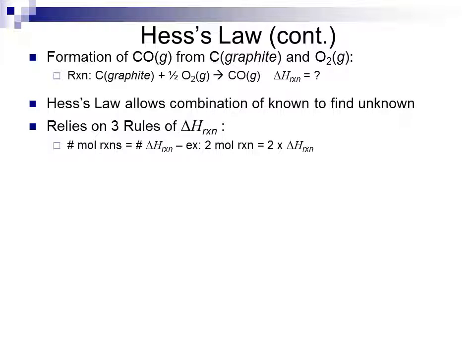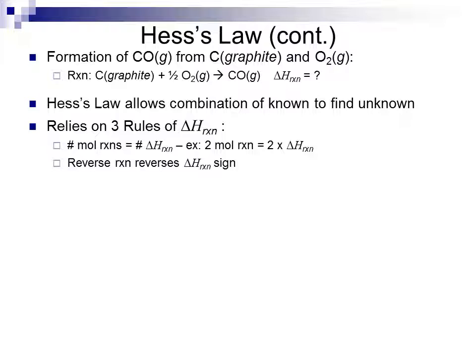If I have a different number of mole reactions overall, where the entire process as written is 1 mole reaction, if I change the number of mole reactions, then I have to change the resulting enthalpy of reaction by the same amount. For example, if I have 2 mole reactions worth of a substance, then the enthalpy change that occurs is 2 times the enthalpy change of a single mole reaction.